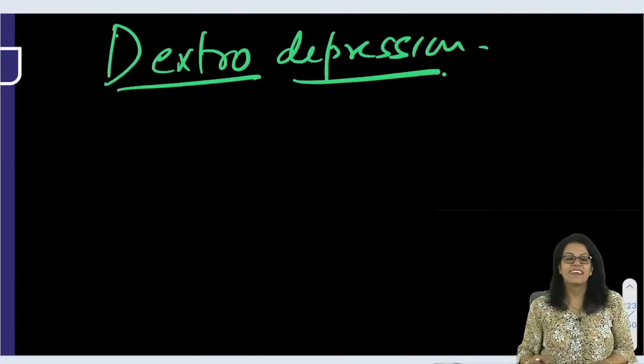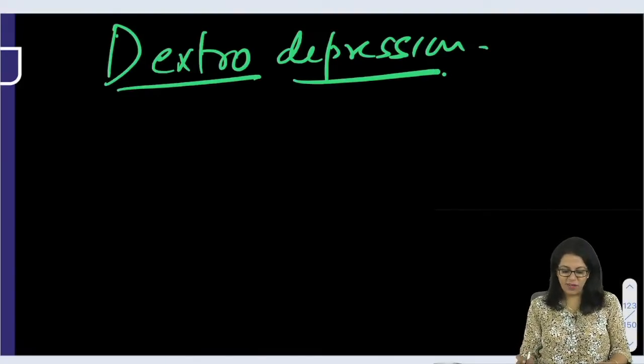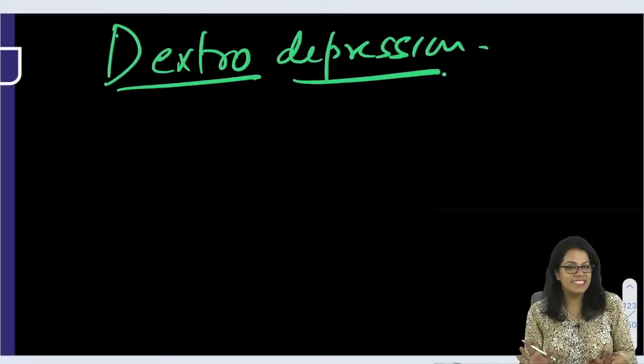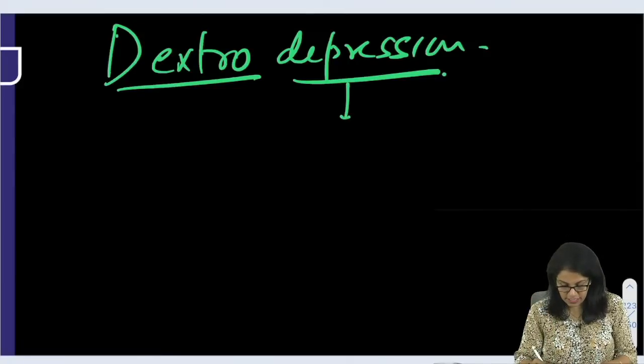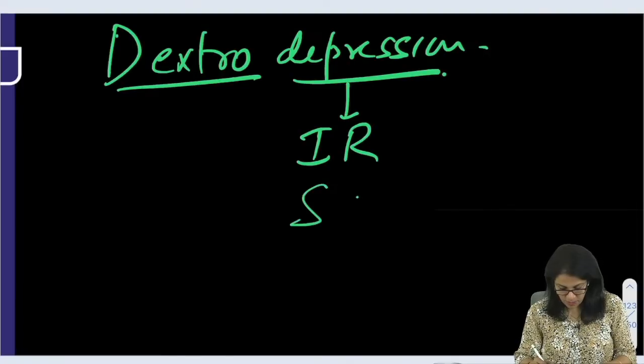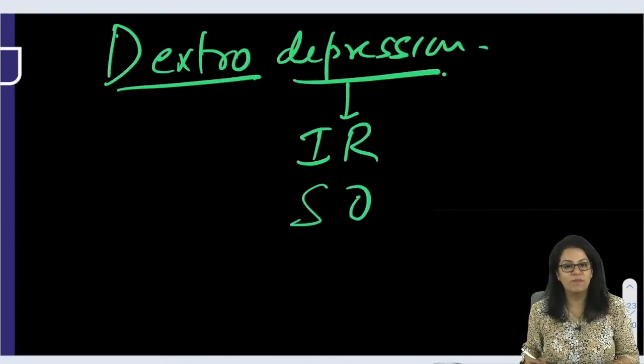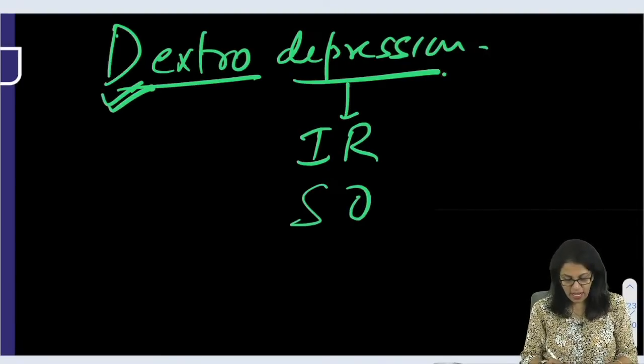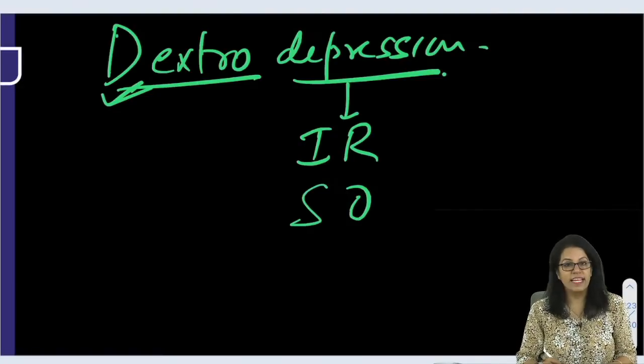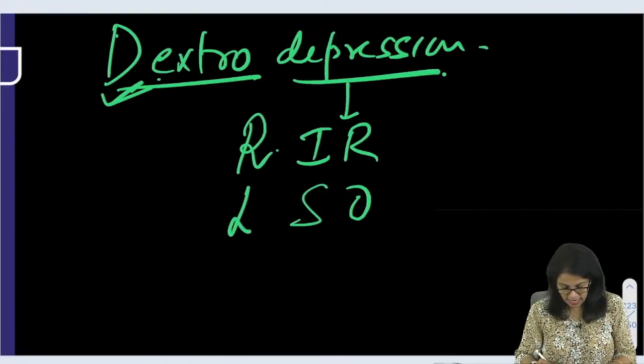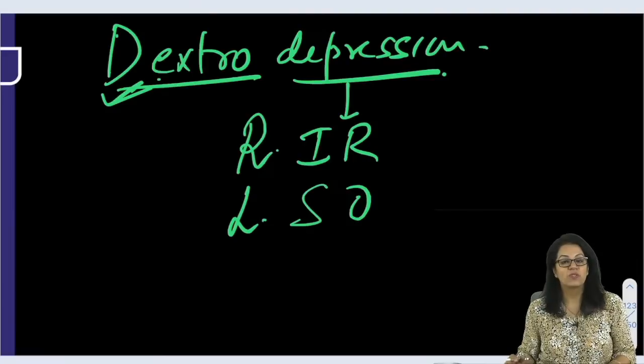So this is dextrodepression. Now what is depression here? Inferior rectus, superior oblique. These are the muscles which depress. Dextro is outward, the right eye is outward. So in the outward eye the inferior rectus will work, and in the other eye the superior oblique. So don't forget this.